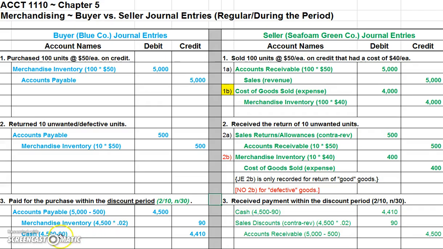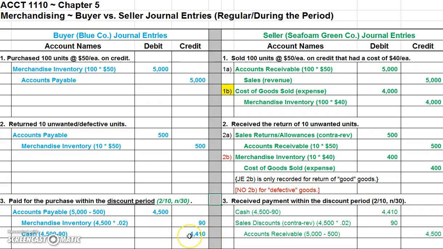So now we need to calculate the discount. This $90 is the calculation of the discount that I wrote up above. Right here we show that we are paying for a $4,500 invoice and I'm multiplying it by 0.02 because we get the 2% discount. So the credit to cash is $4,500 minus the $90 discount, or a credit for $4,410.